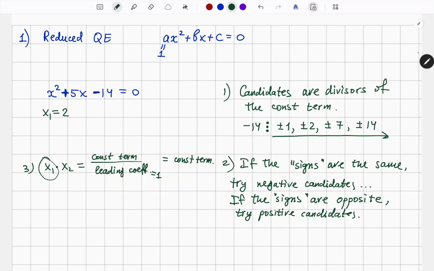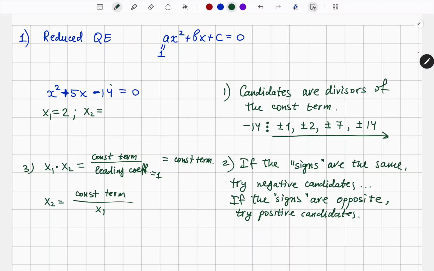So if the first root is already guessed, then the second root can be easily found by using this formula, constant term divided by the first root. Yep. So this is the easiest way to find the second root once the first root is already known. So let me go back.